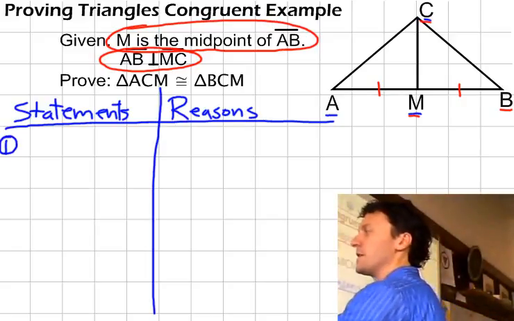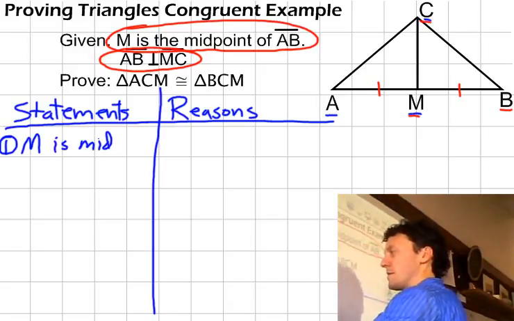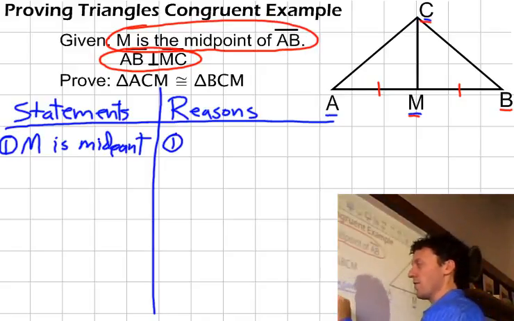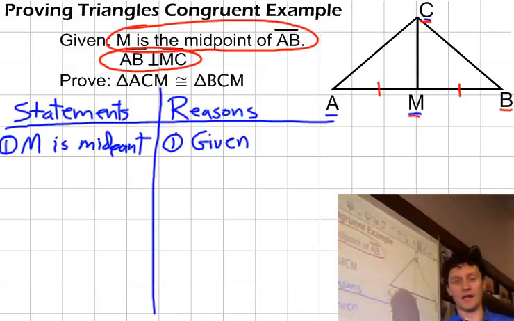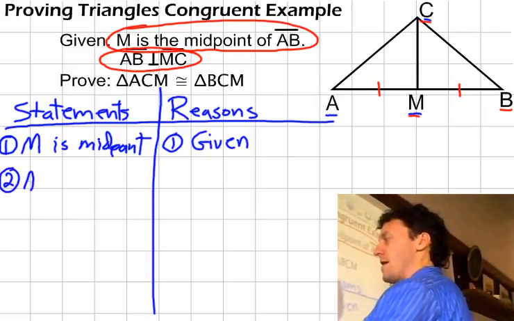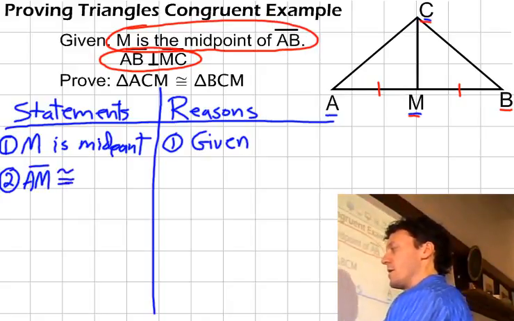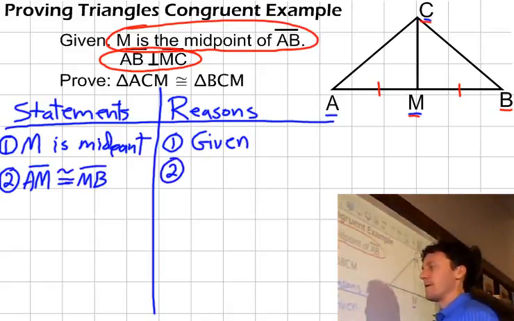Okay. First, let's put the midpoint first. M is midpoint of AB. I kind of ran out of room. Okay, if M is the midpoint of AB, then that gives us AM is congruent to MB, because that's what a midpoint does.